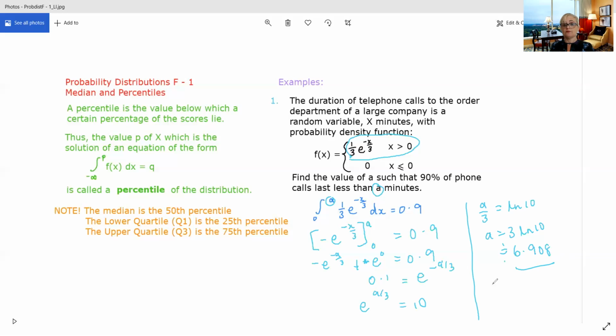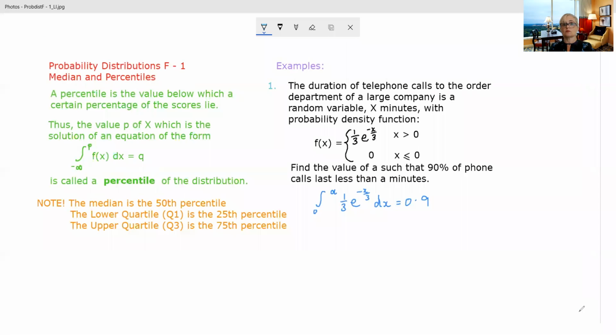So we'd say, therefore, 90% of calls last less than approximately 6.9 minutes. And there you have it. All right, let's do another example and see what we come up with there.